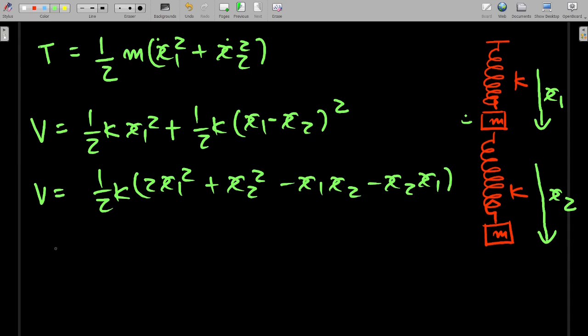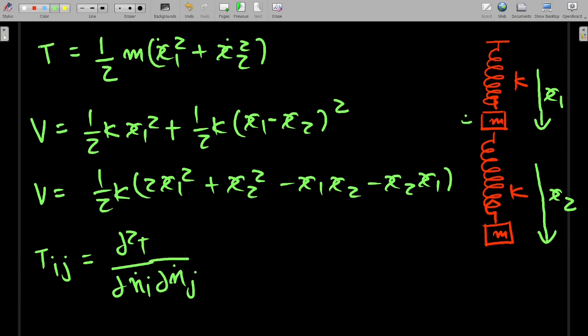We will create a matrix of kinetic and potential energies, and the matrix will be 2 cross 2 because we have generalized coordinates x1 and x2. The kinetic energy matrix term is given by Tij equal to del 2 T upon del eta i dot into del eta j dot.